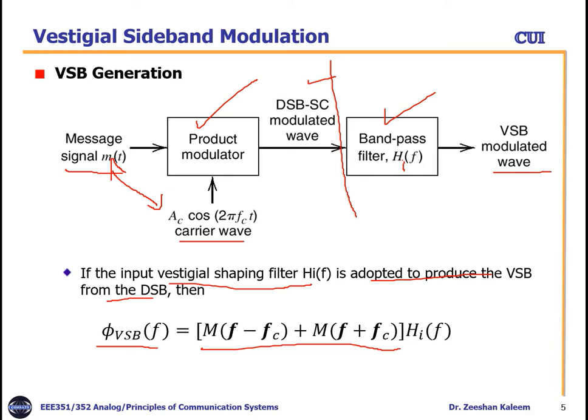So this is a double sideband modulated signal, and additionally we have an H_I(f) term. This is the input filter. So we need to pass this double sideband modulated signal through the input filter. This is the only difference between the DSB generation and the VSB generation. You must remember that one.